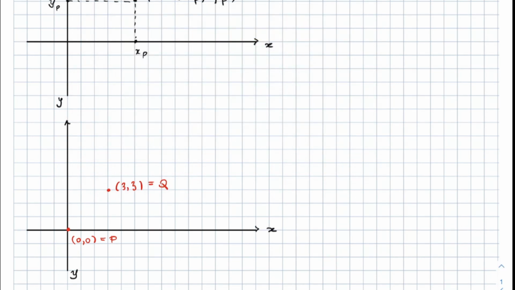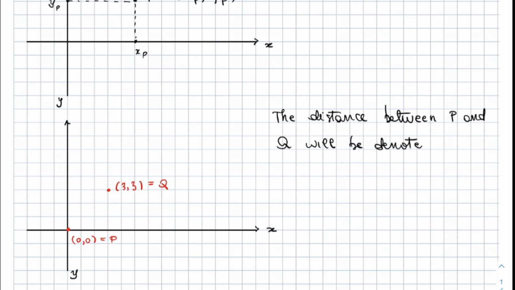To measure the distance between 2 points means that we have to assign to every 2 points a number which is their distance. So, as for notation, we will denote the distance between P and Q by dpq.